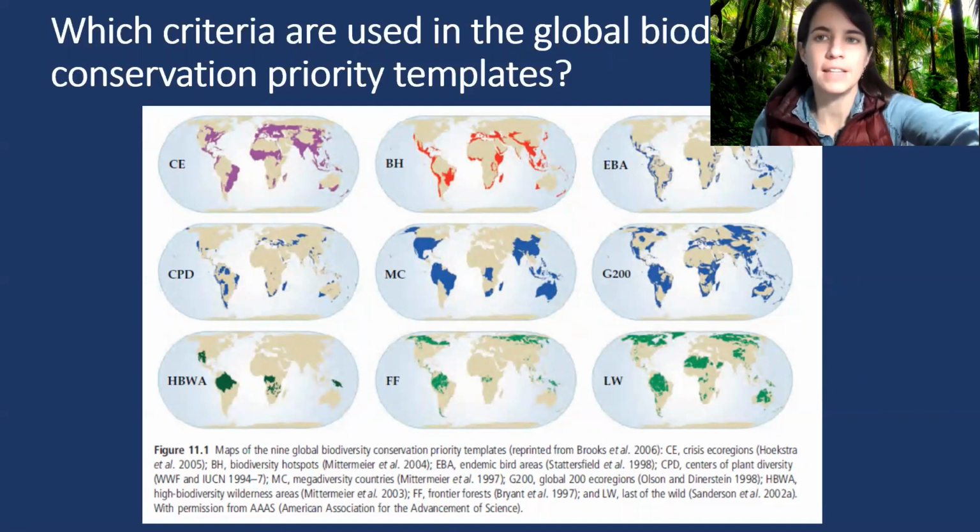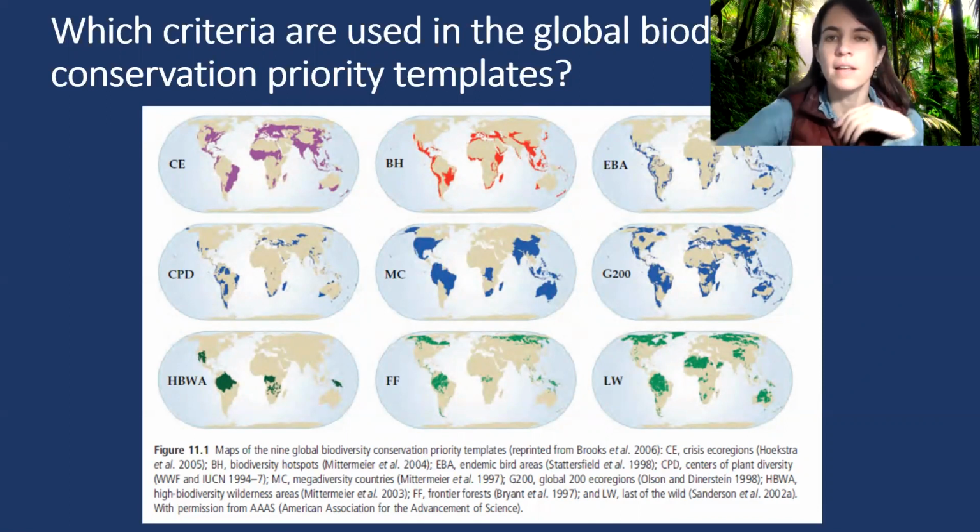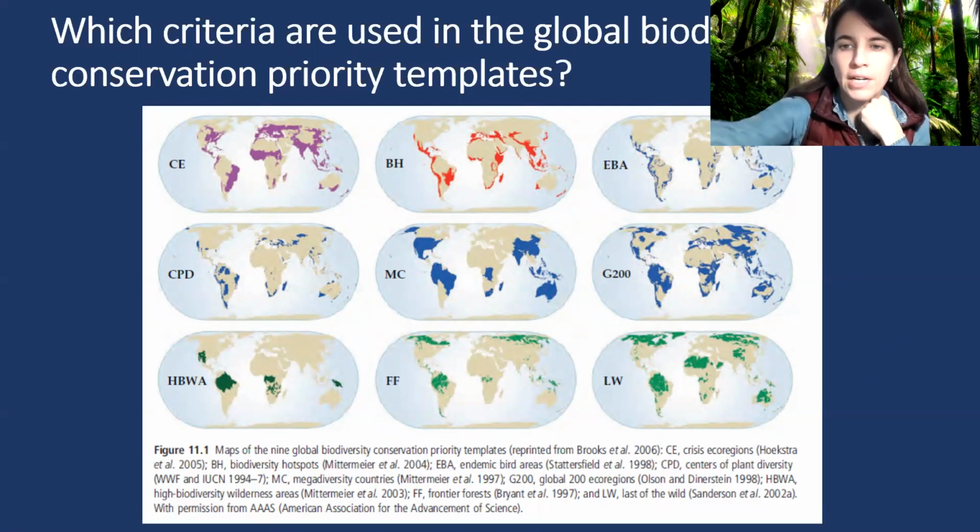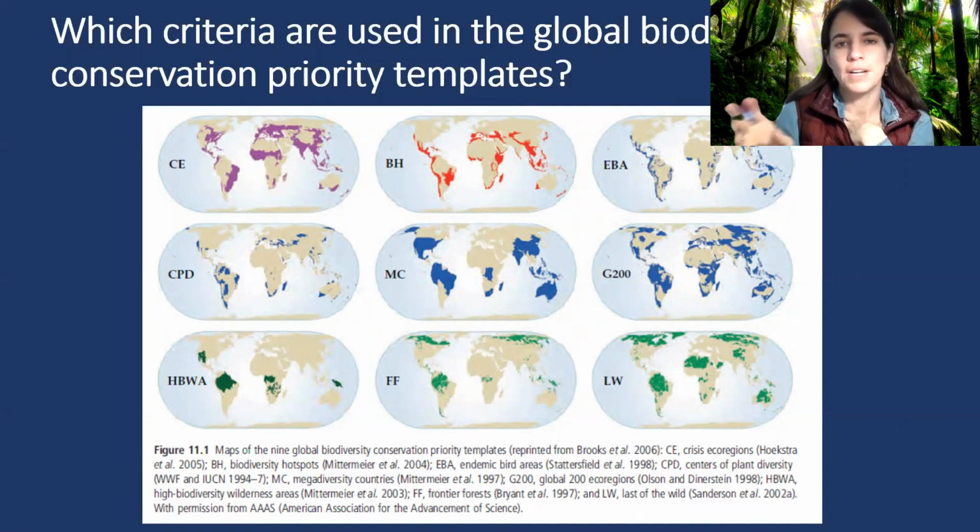So CE, that's crisis ecoregions. BH is biodiversity hotspots. EBA is endemic bird areas. CPD is centers for plant diversity. MC is megadiversity countries. So that's ranking it by country rather than by actual ecoregion.